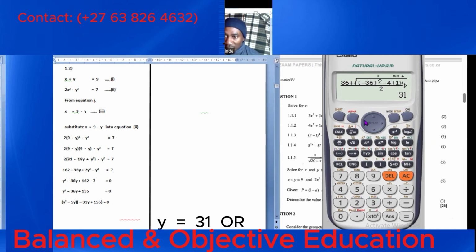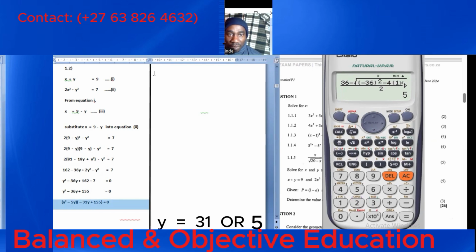So next, let's look at the solution when we use the negative sign. So that will be 5. So that means that Y could either be equal to 31 or Y equals 5.